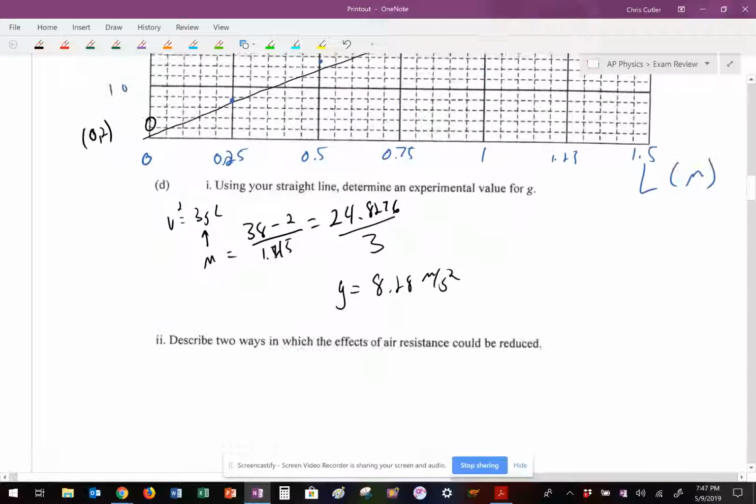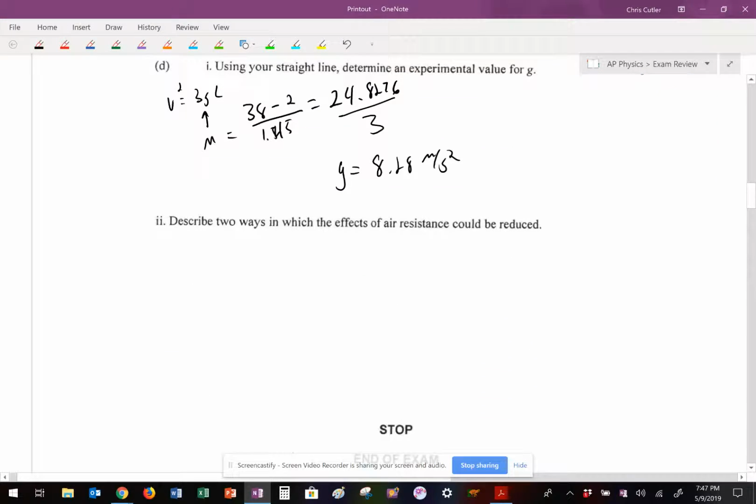Okay. Describe 2 ways in which the effects of air resistance could be reduced. I had what they wrote down, but I think I did not bring that with me.